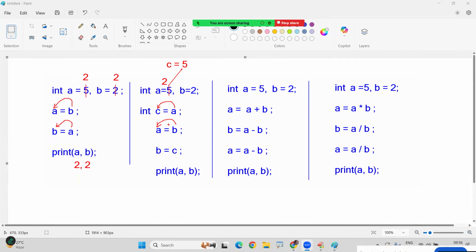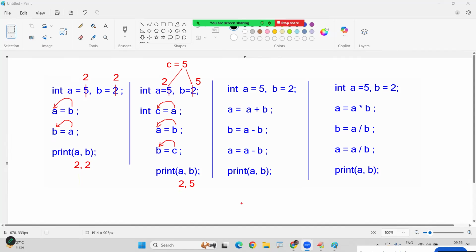Now c value you are storing into b. What is c value? 5. You are storing into b. So output is 2 and 5.